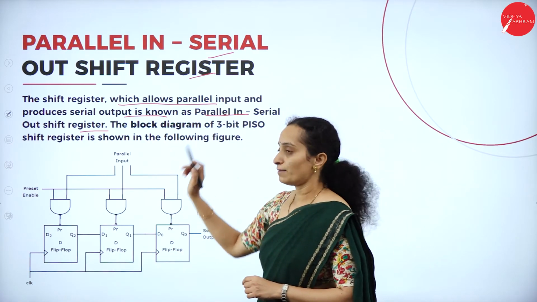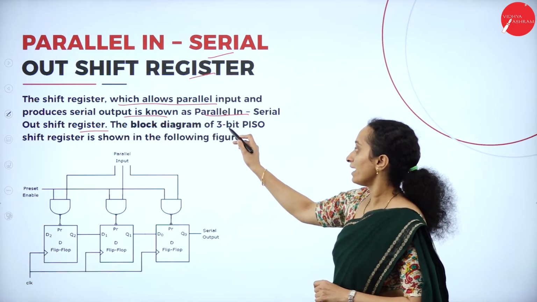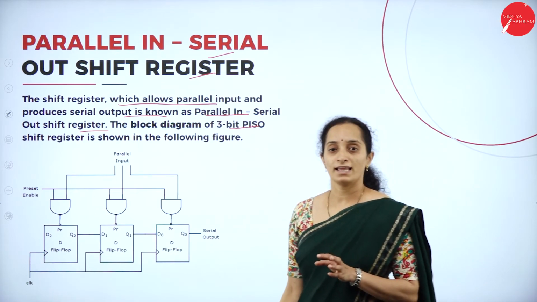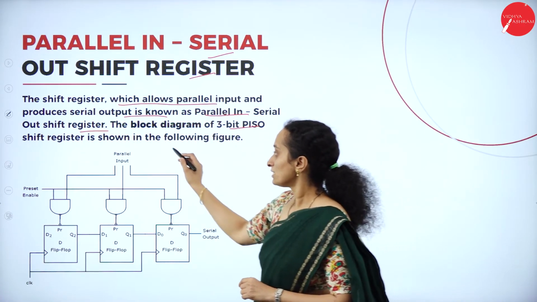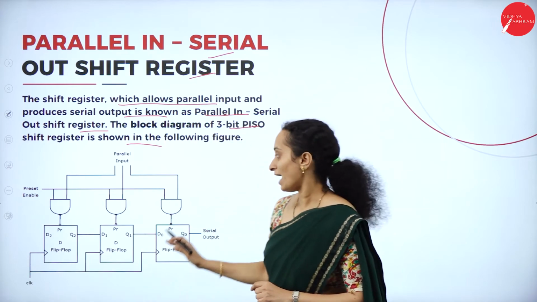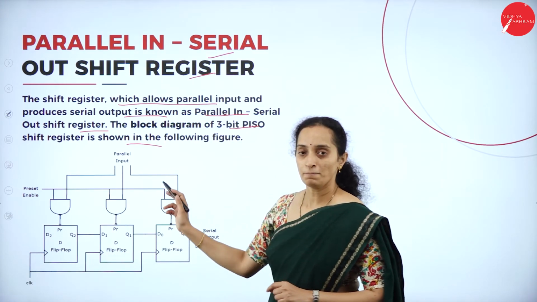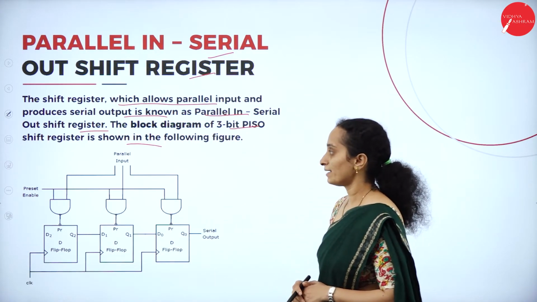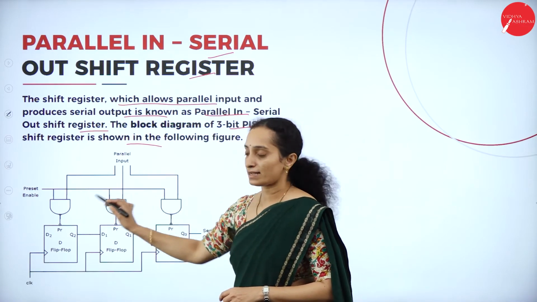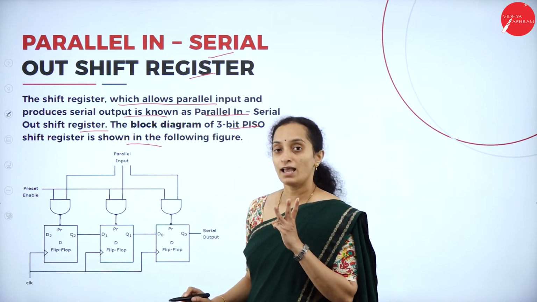The block diagram of a 3-bit parallel in, serial out shift register is as shown in the diagram. Here we have parallel inputs to 3 AND gates.